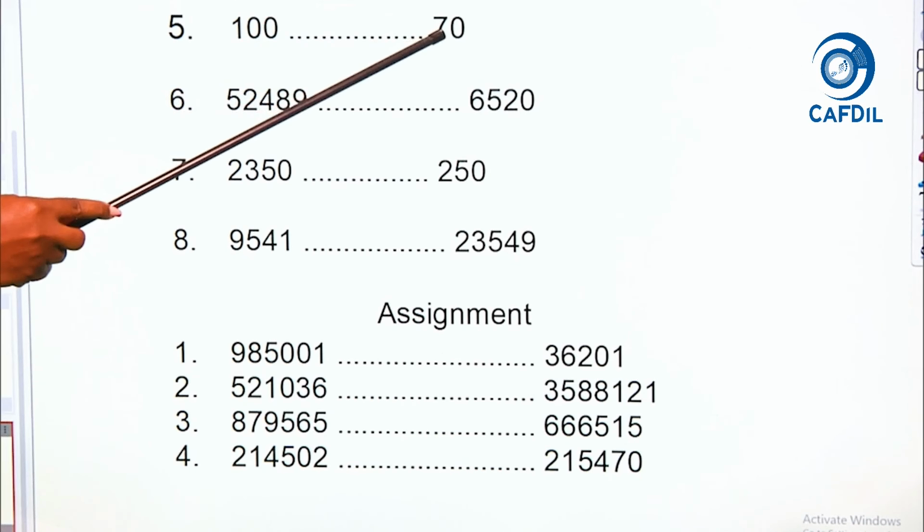I want you to compare this for me. Compare this number and this, and then you put in the sign. Since you know the trick, first of all, you count the number of digits. When you count and one is greater than the other, fine.